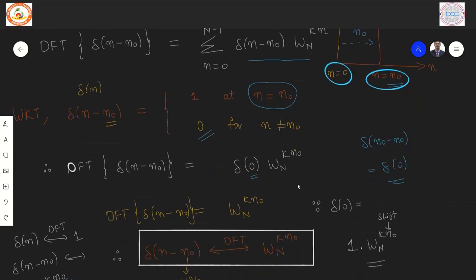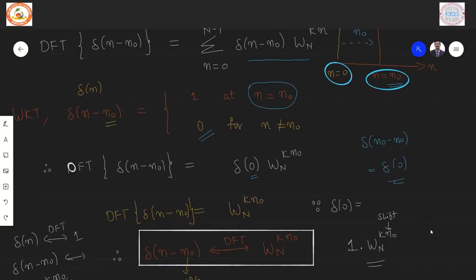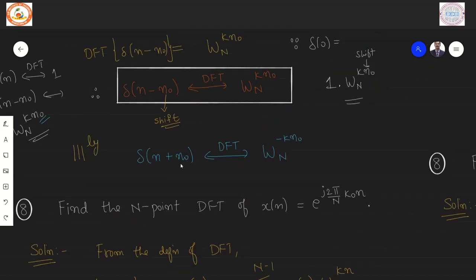And after putting the appropriate values, we can observe that the DFT of delta of n minus n naught is nothing but W_N to the power of k n naught. So this is the result. On similar lines, we can say that delta of n plus n naught will have a DFT given by W_N to the power of minus k n naught.